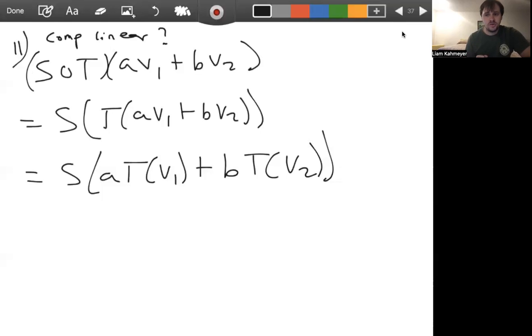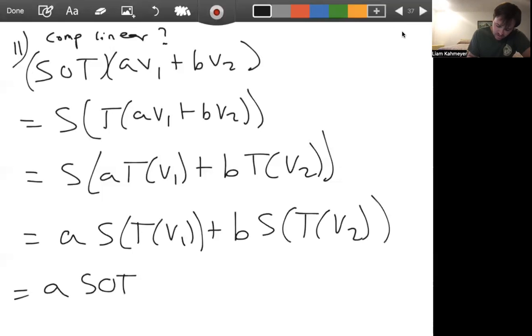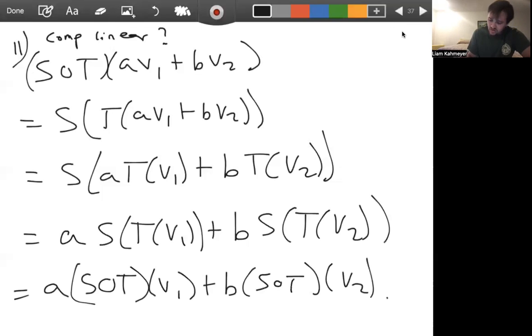S is also an isomorphism, which means it also has the linear transformation property, so this is a S(T(v1)) + b S(T(v2)), which is equal to a (S∘T)(v1) + b (S∘T)(v2), which shows that the composition is a linear transformation.